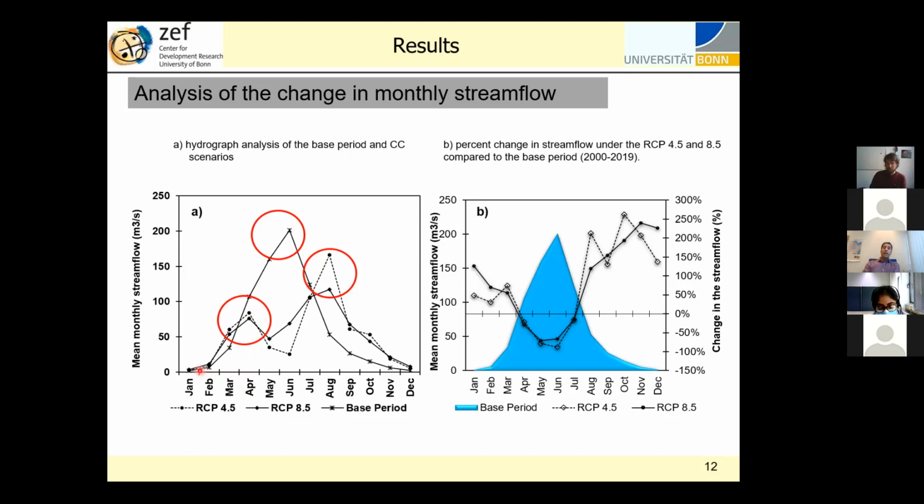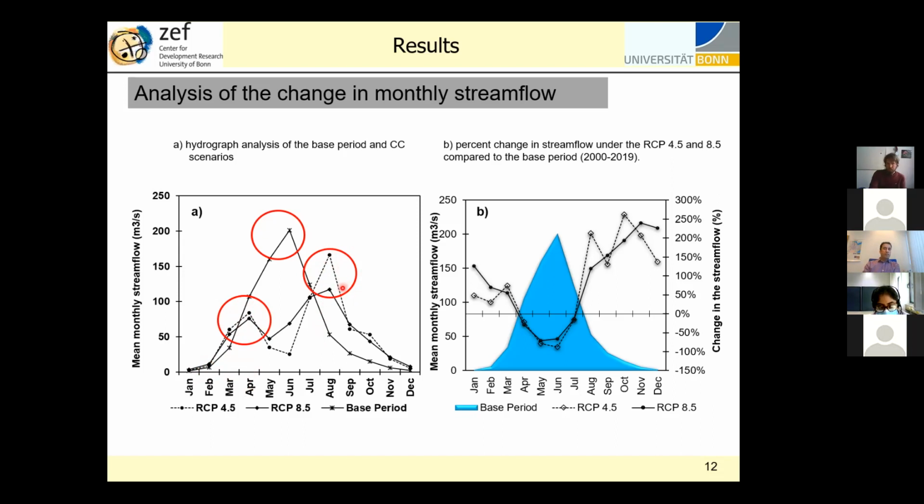That means, due to the increased temperature, the snow cover melt maybe starts earlier. So this is where we can expect floods sometime in March, which, for those who are aware of the North Rhine-Westphalia case, for example, we observed most recently, maybe in this period.